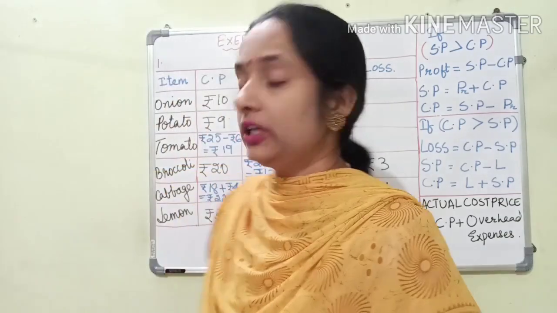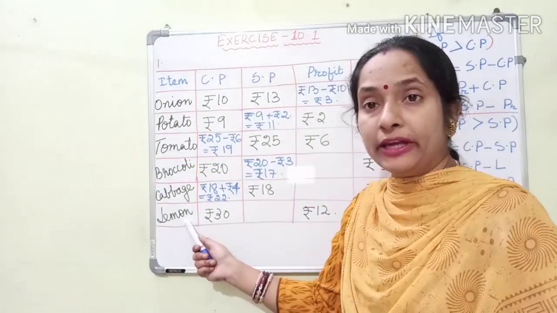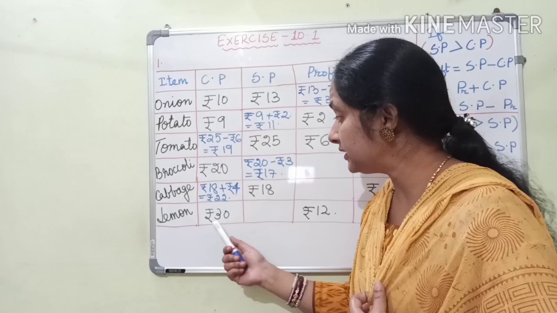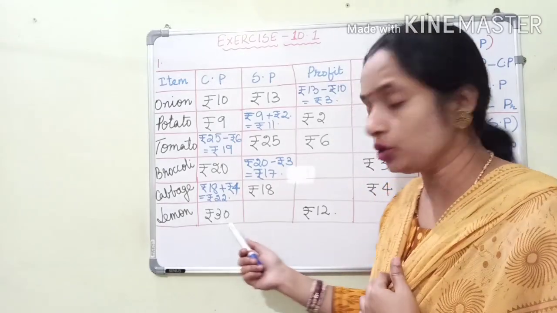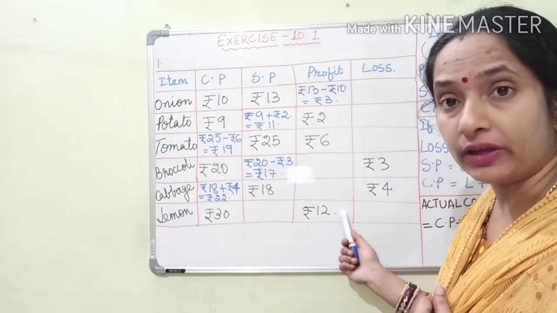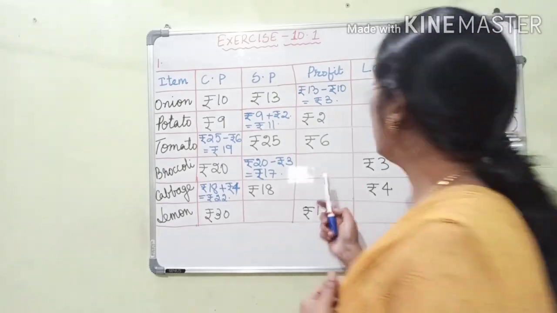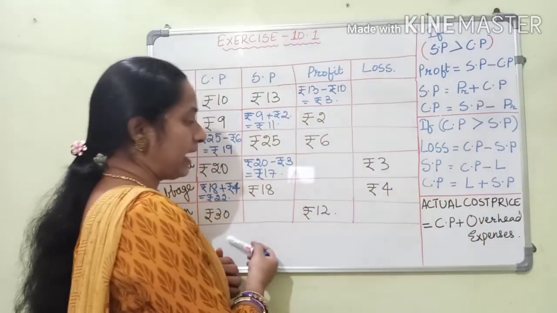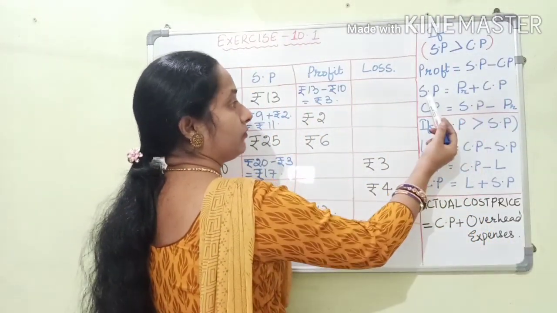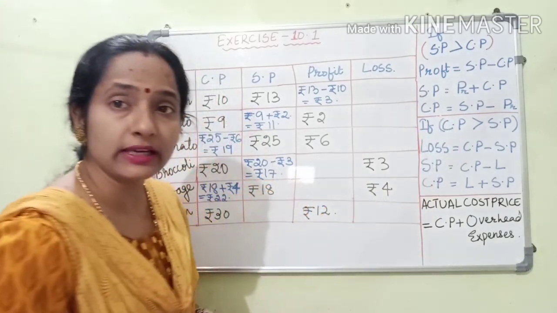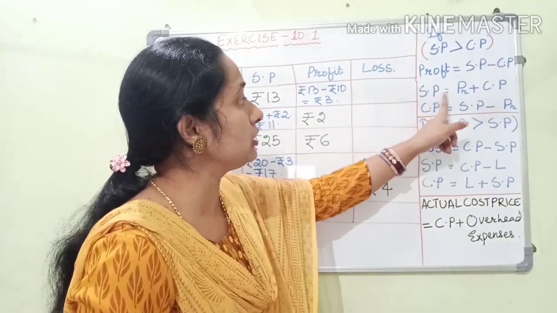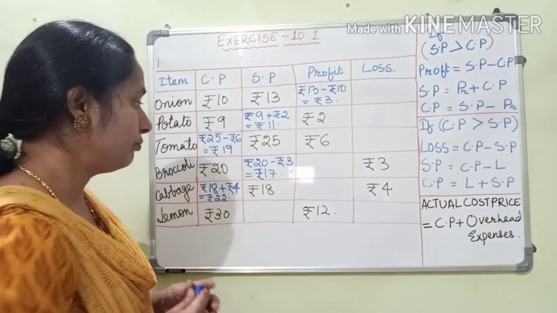Next we have the lemon item. The cost price of lemon is given to you and the profit of lemon is given to you. Now children, when there is a profit and the cost price, how will we find the selling price? The selling price can be found by adding the cost price and profit.